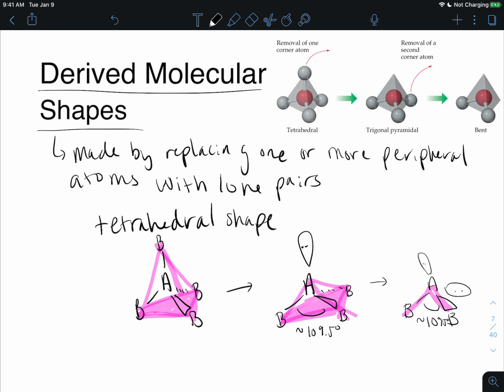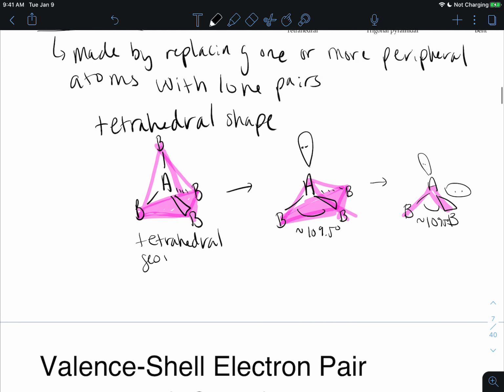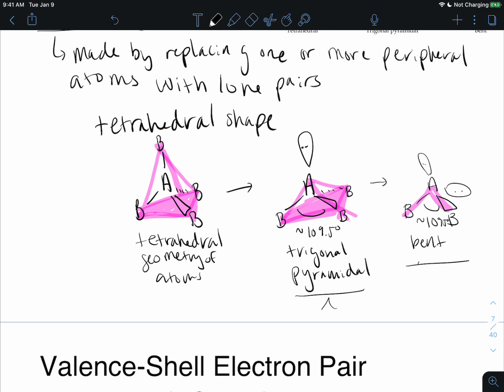So what happens is we go from having a tetrahedral geometry of our atoms to a trigonal pyramidal geometry to a bent geometry. And this is just considering the atoms. Okay? So what shapes the atoms make?